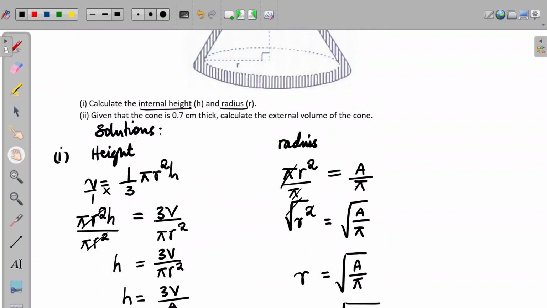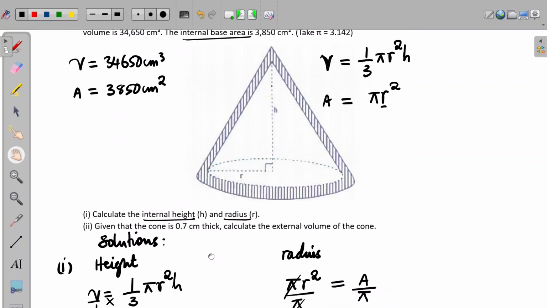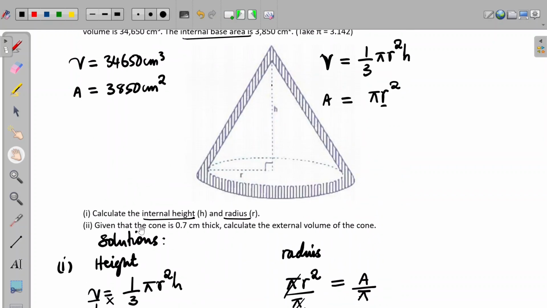Roman numeral 2. They are saying given that the cone is 0.7 centimeters thick, calculate the external volume of the cone.